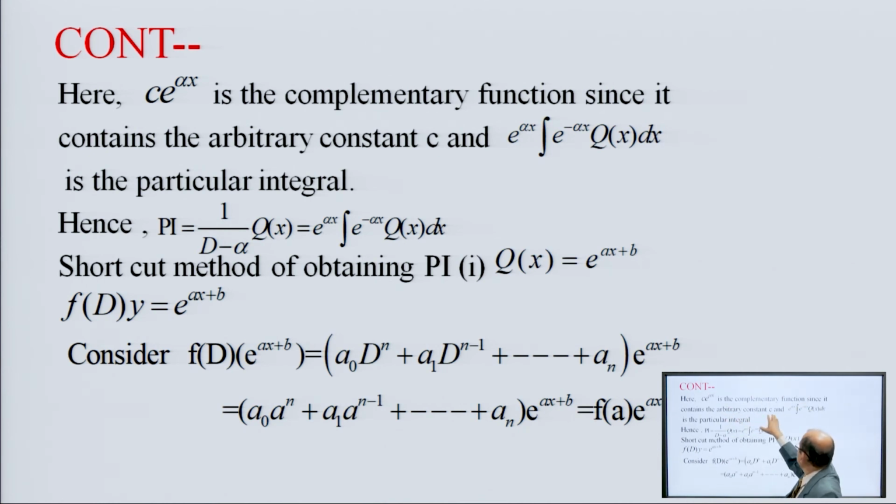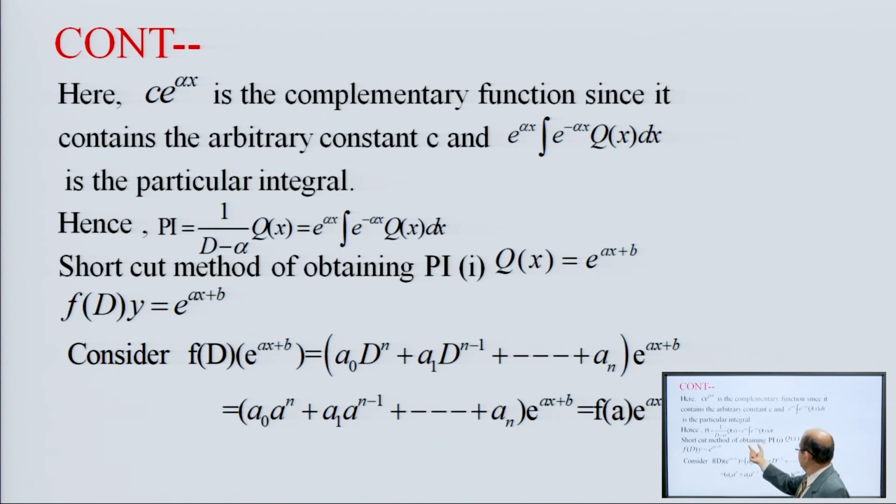As we have already shown in the previous slide, e raised to the power alpha x times the integral of e raised to the power minus alpha x Q(x) dx is the particular integral, which does not contain the arbitrary constant.